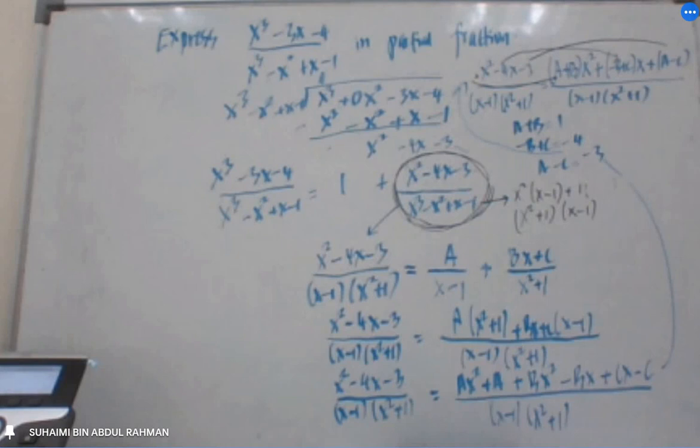Find the values of A, B, C. With simultaneous equations, you will get A is minus 3, B is 4, C is 0.